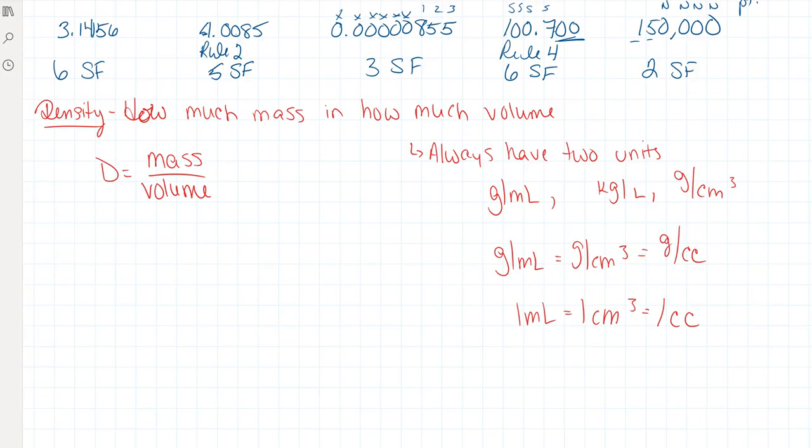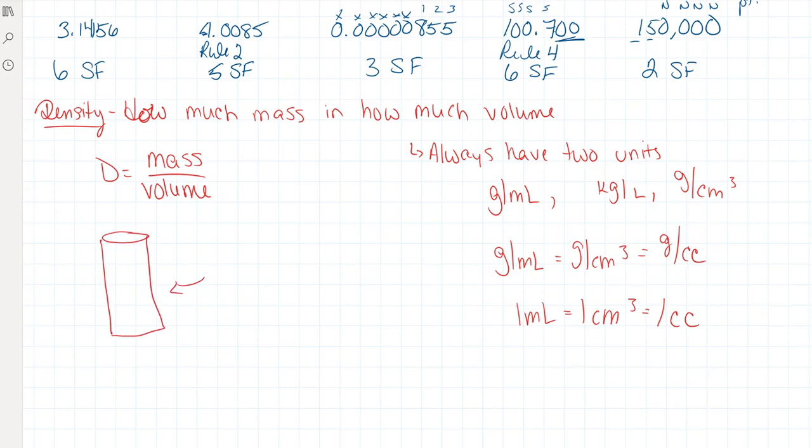This is pretty important because in our first experiment in lab next week, we're going to be taking a look at a technique called volume by difference. So we're going to be taking a look at some mathematical operations with our measurements. What I'm going to do is describe a quick experiment for you. What you'll be doing next week in lab is you'll be given a series of cylinders.